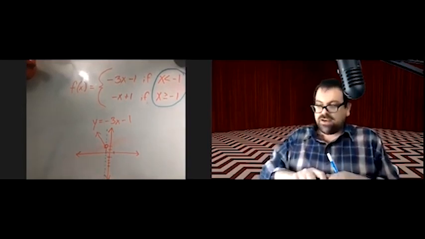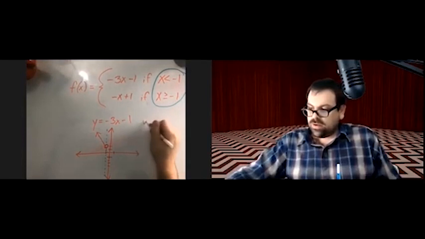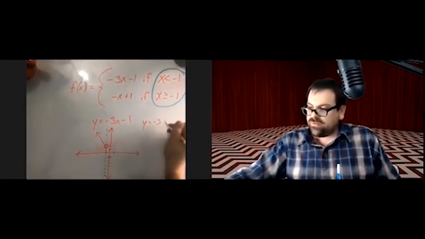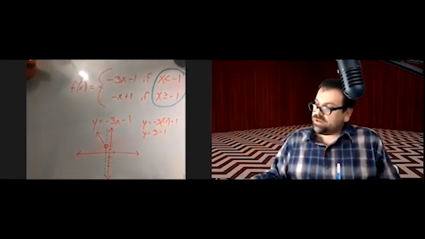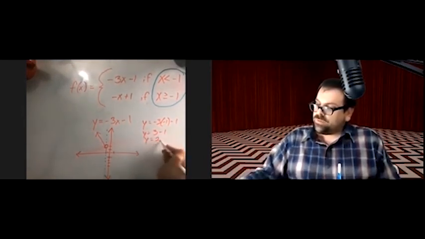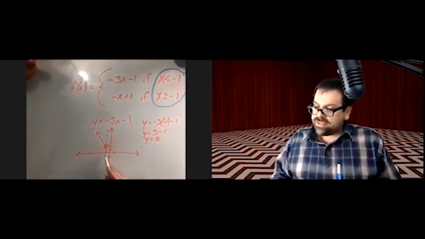If we plug -1 in, y equals -3 times -1 minus 1. Y equals 3 minus 1. Y equals 2. When x is -1, here at y equals 2, that's where our circle would be.